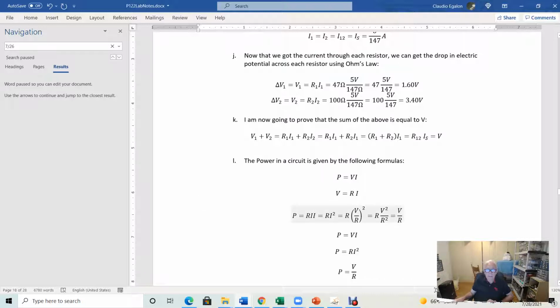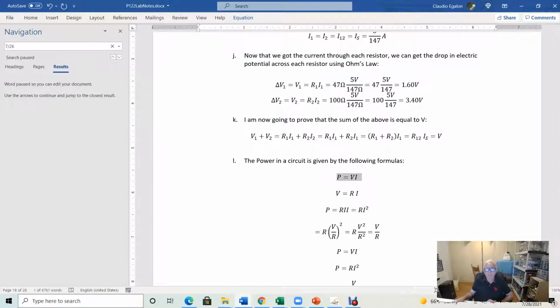Okay? That's a different format of the same equation. This equation here is exactly the same as this one. It's just a different format.